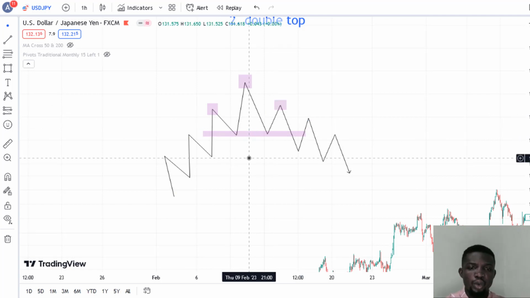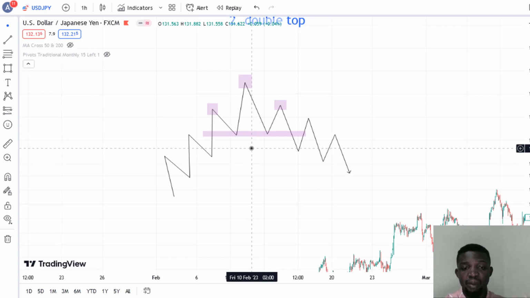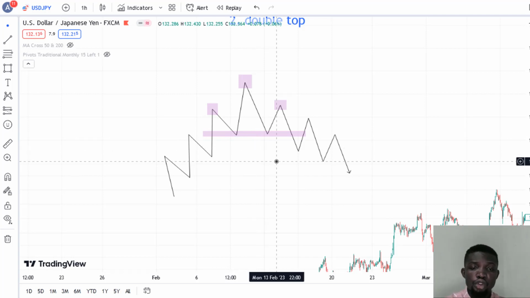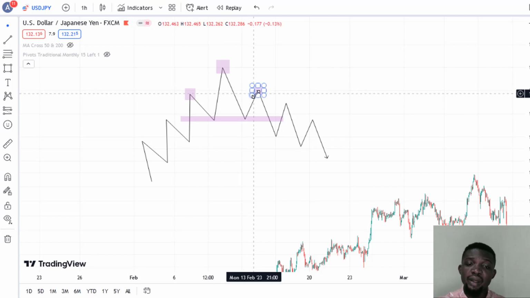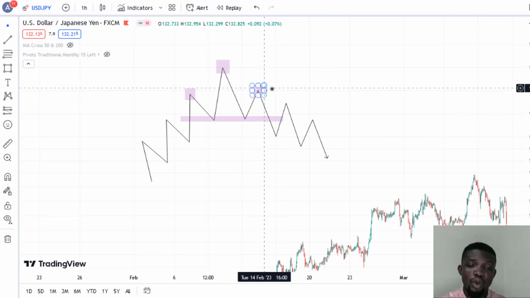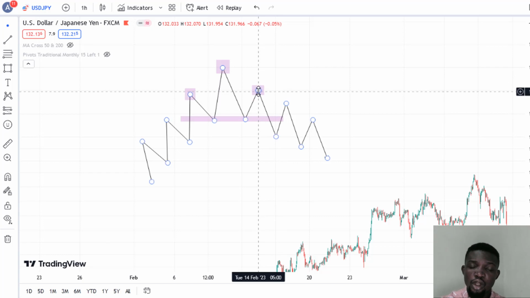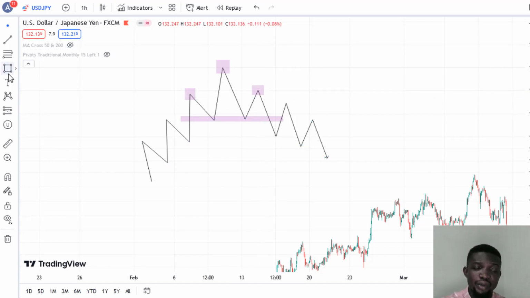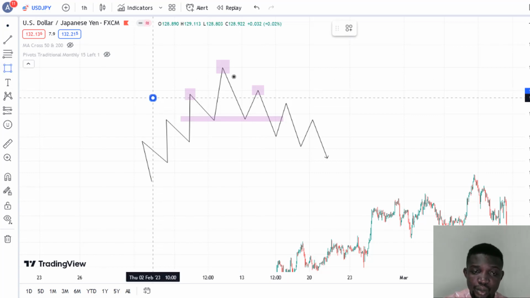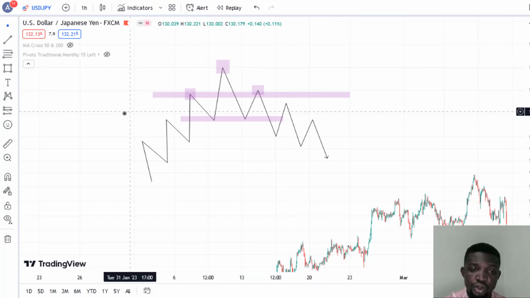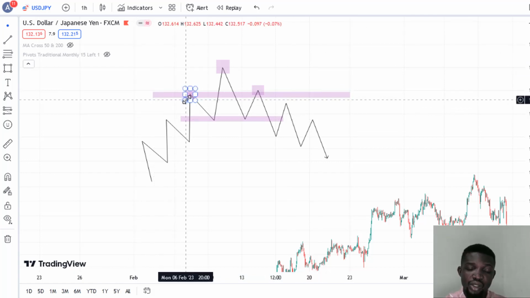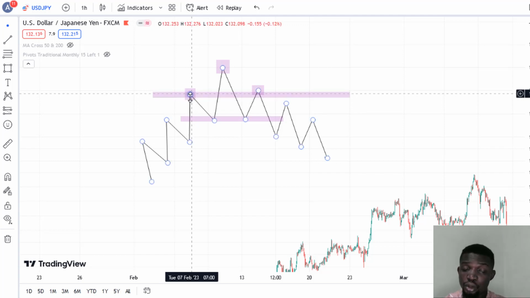Now, how do we trade this head and shoulders pattern? Some traders, don't let me say most, but some traders like me, love making our entry from our right shoulder here. Most times we have a resistance that we usually draw from our left shoulder here.